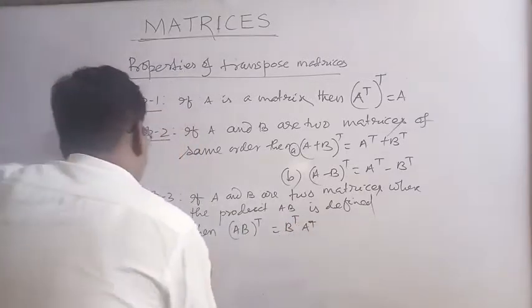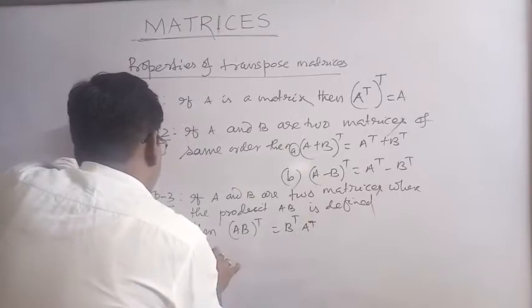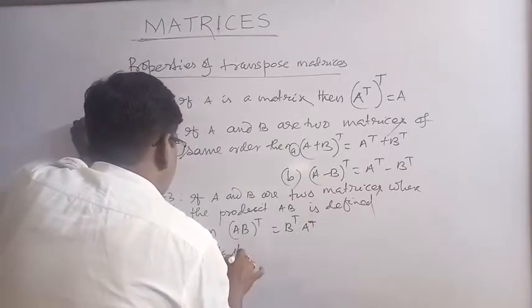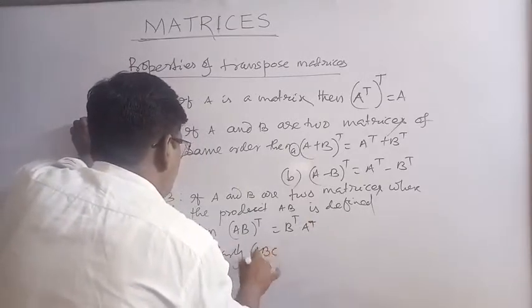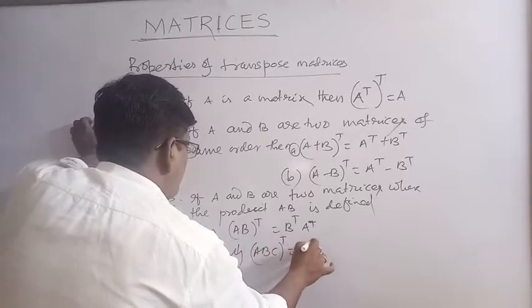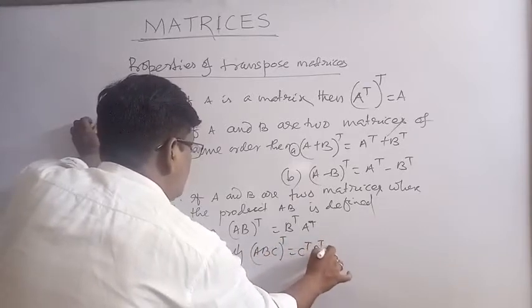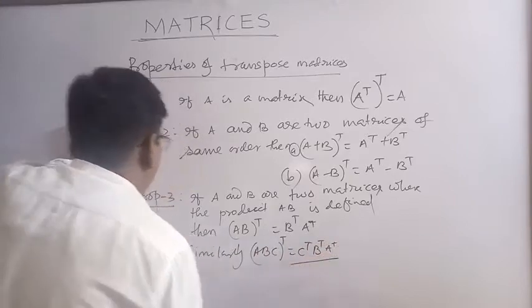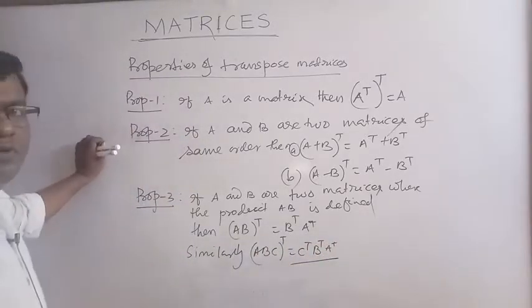Similarly, ABC whole transpose is equal to C transpose B transpose A transpose.